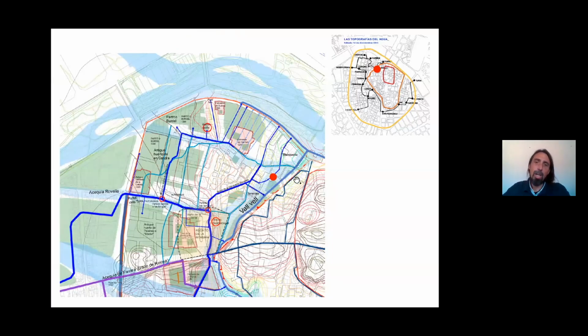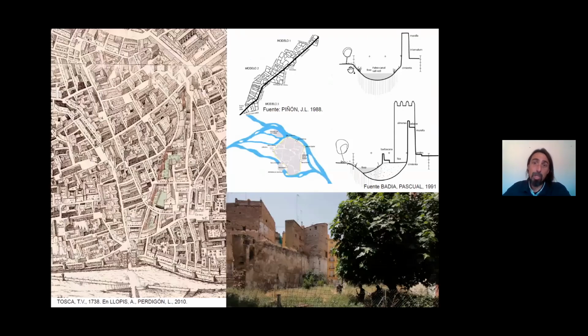Here along the Arab wall in the north, here along this wall, there was a ditch. And we can see the ditch in the maps of the 18th century. And again, we can see the hydrology of the area. And in the present, we can see that there are sections of the wall with different urban areas.